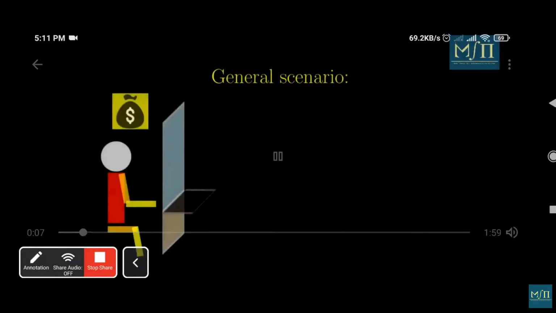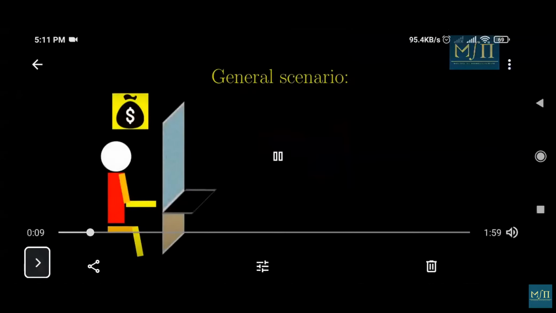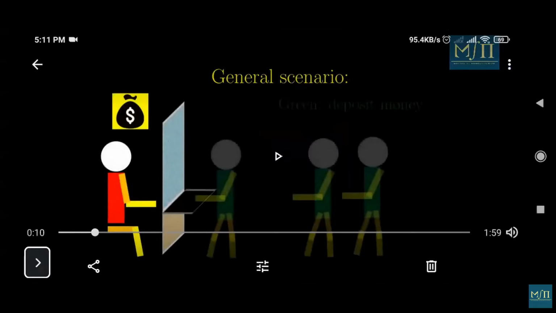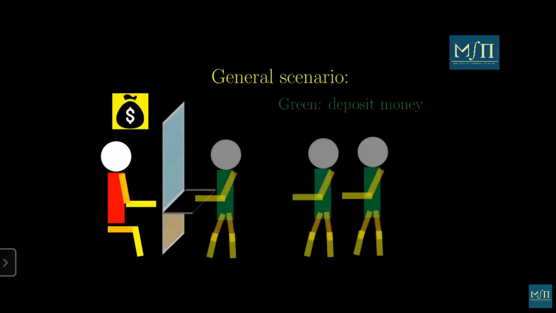Okay, so the scenario goes like this. Initially, we have a bank where people are queuing up for either of two purposes, which may be to deposit a sum or to withdraw some sum. The condition is that a person cannot withdraw a sum more than the bank already has.